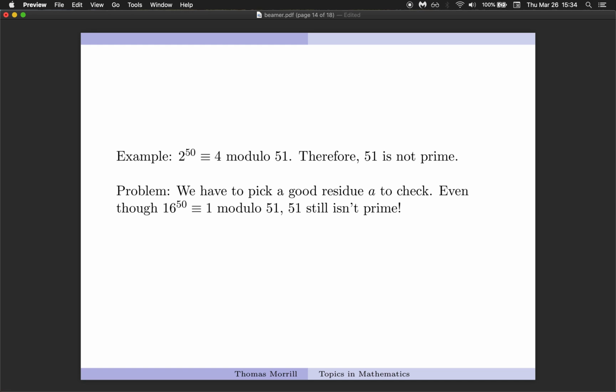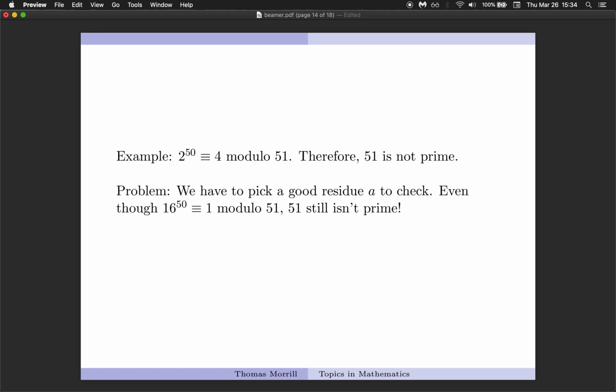Now there's a bit of a problem. I've been hinting at this for the past slide or so. You gotta pick a good residue to check, because sometimes this test can give you a false positive. I can check Fermat's equation. It looks like I got it right, but my modulus still isn't prime.